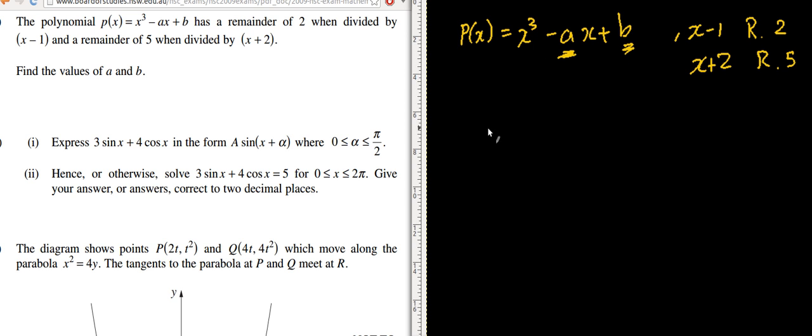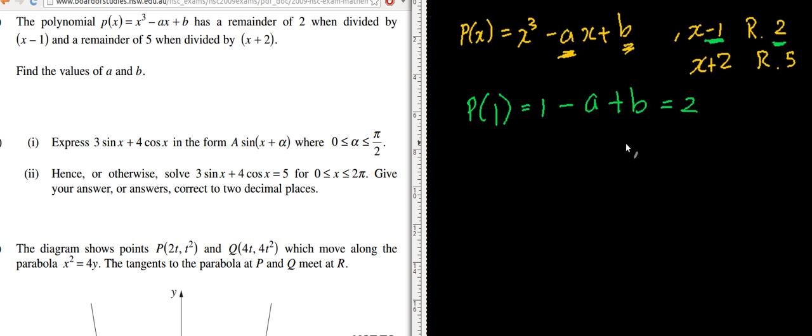In order to do this, it's a really simple thing to do. What you need to do is go P of 1. The reason I'm saying P of 1 is because of this one. Just switch the signs and put it in there, and I will end up getting 1 cubed is just 1, minus a plus b is equal to my remainder, 2.